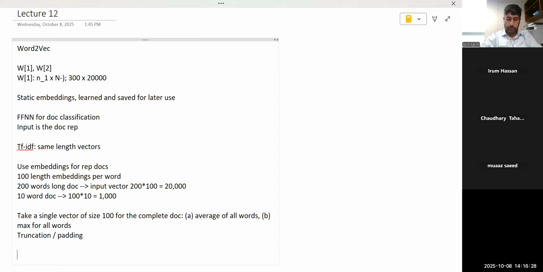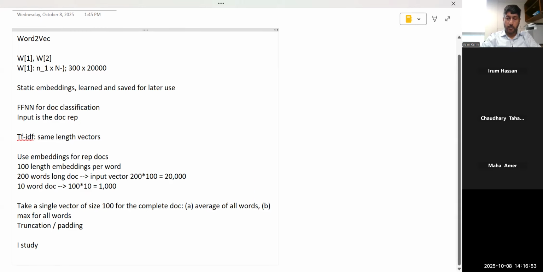Okay, so example. Let's say we have a document, a very small document. छोटा ही ले लेते हैं because I want to complete this quickly. So for example, "I study", a very small document, 2 words. अब I की कोई embedding होगी, and let's say again embedding मैं छोटी ले लेता हूँ.